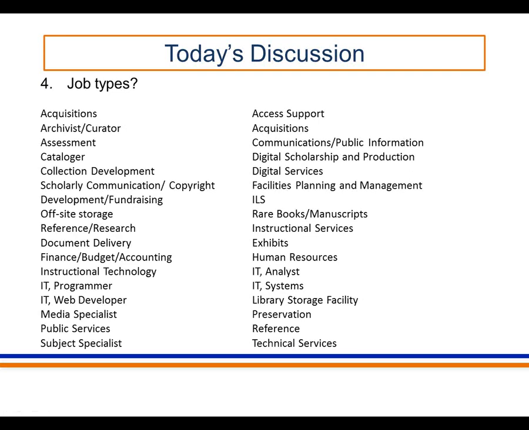But the job types, again, we want to make this data as usable as possible on the national level, but we don't want it to be overly cumbersome. These are some examples of potential job types. Many of these you will see if you fill out the ARL salary survey. You'll recognize them from that, but it's clearly an expanded list.